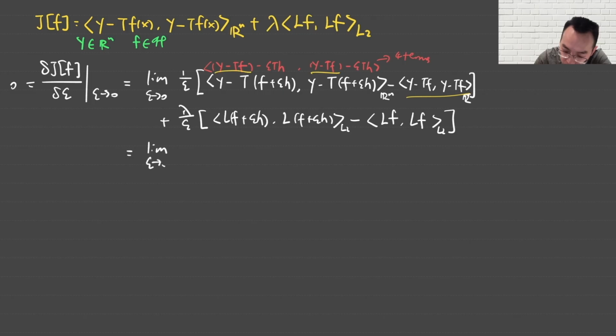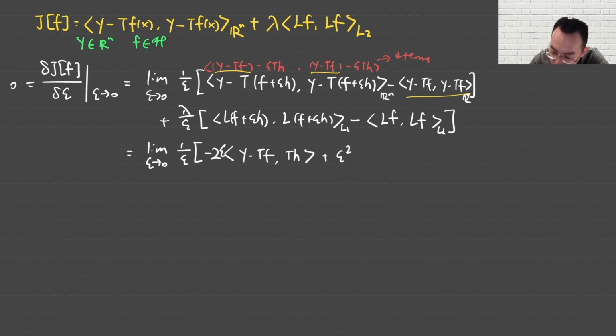For simplicity, I'm not going to write out the terms that are being cancelled. So you have 1 over epsilon, and then minus 2 epsilon times the inner product of y minus T f with T h, and then the second-order term, epsilon squared, the norm of T h. All of these norms are in Rn, finite norms, for the first term.